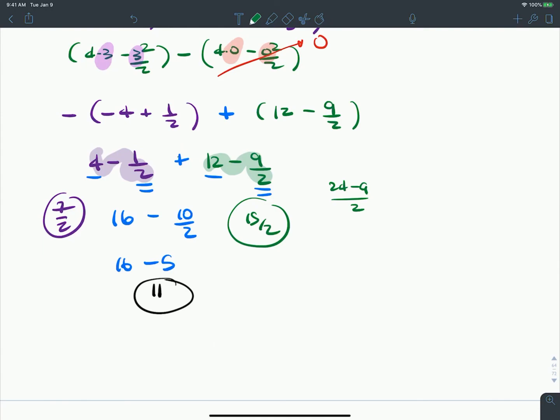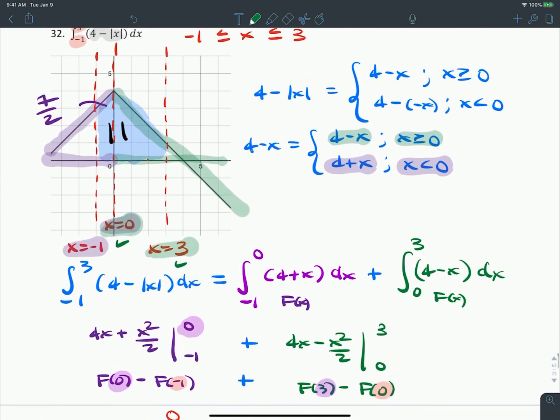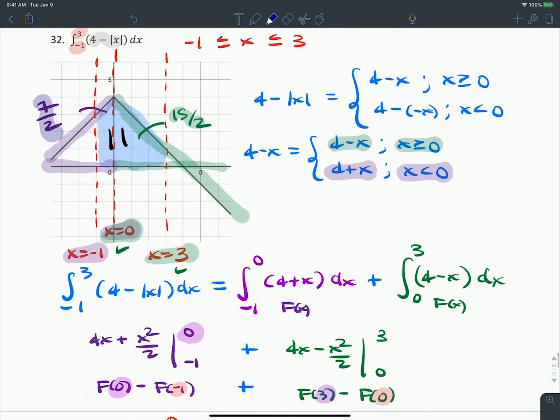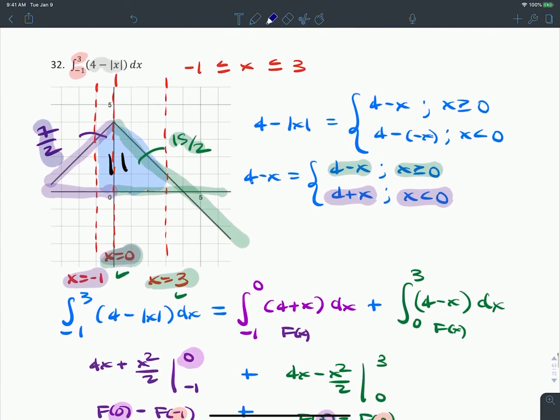Okay, let's double check. 15 halves, 22 halves. It looks like we're good. No, that's 15 halves. I apologize. Let's find the right color. So this portion is 15 halves. This is what we found here. This is for the right portion, and here is for the left portion. And if you add those, remember 7 halves plus 15 halves is 22 halves, which does give you 11. And this is how we integrate piecewise functions.